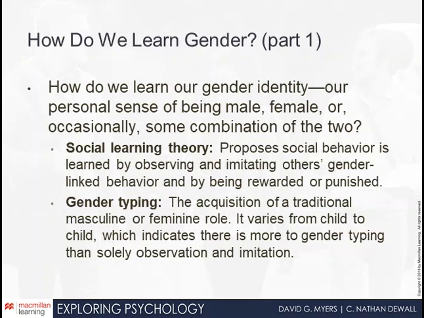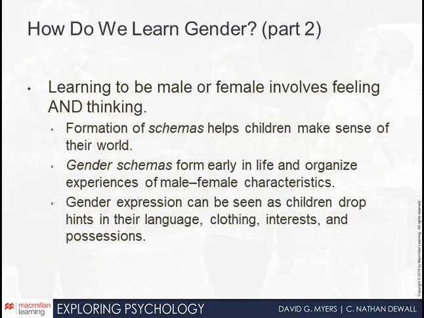If you hang around any children at all, you can know when you have a conversation with them that they do have, at a very early age, a sense of what is boy stuff and what is girl stuff. So, whatever this is, it's being communicated rather early in our growth and in our life. Learning to be male and or female involves feeling and thinking.